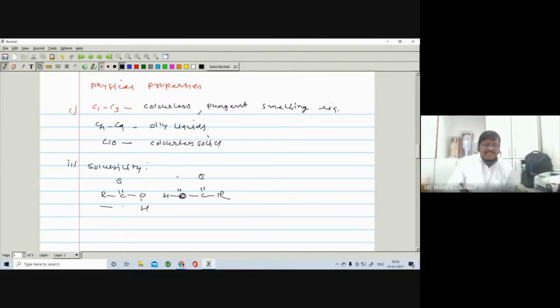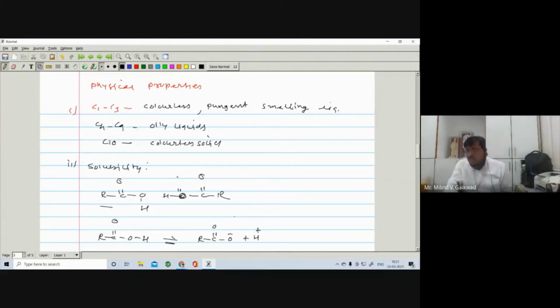The carboxylic acids are weak acids. Why? Because they undergo dissociation to give the corresponding H plus ion. On dissociation there is a formation of C double bond O with O minus, and H positive, so it is acidic in nature.